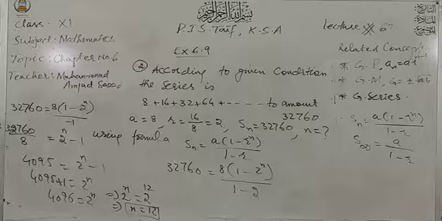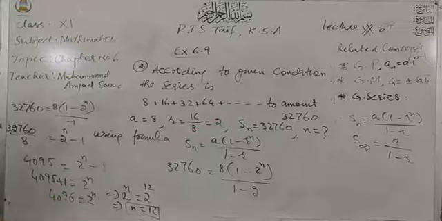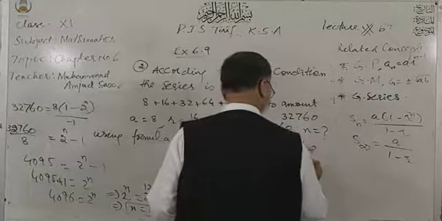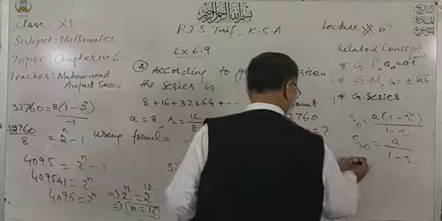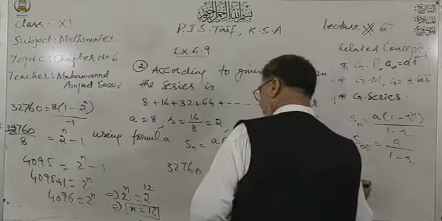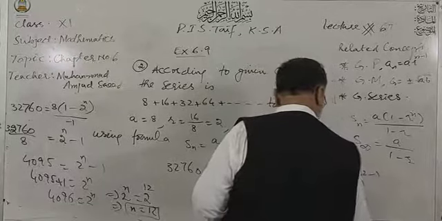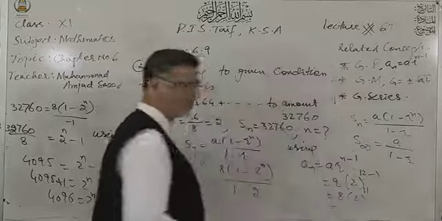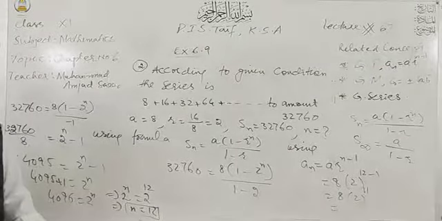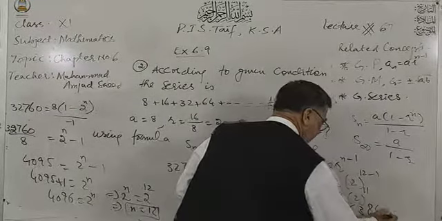Our target is to find the last installment or last term, and the last term is in fact an. Using an is equal to a r^(n minus 1), a was 8, r is 2, power is 12 minus 1: 8 into 2 power 11, that will be 16384. 16384 rupees.